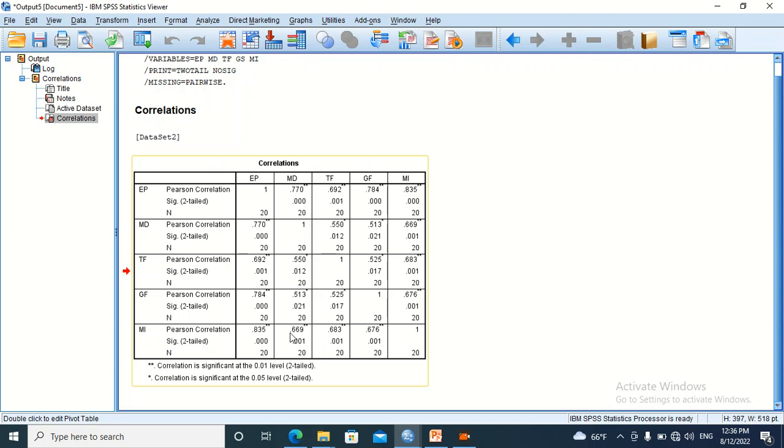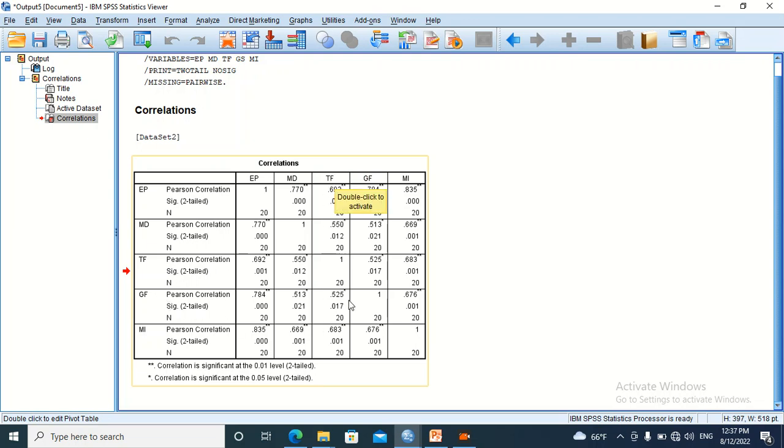This significance is less than 0.05, so it is statistically significant. The relationship between independent and dependent variables is especially significant at 0.01.